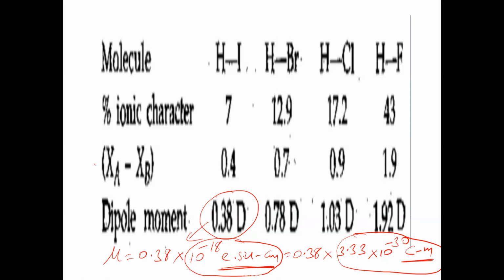Now here, chi A minus chi B is used to calculate the percentage of ionic character.